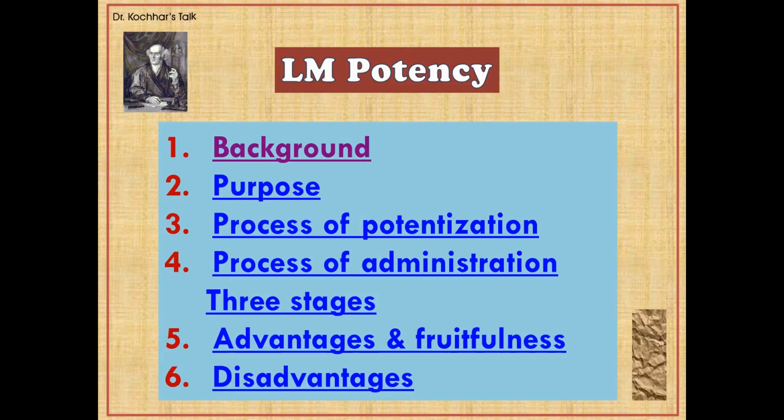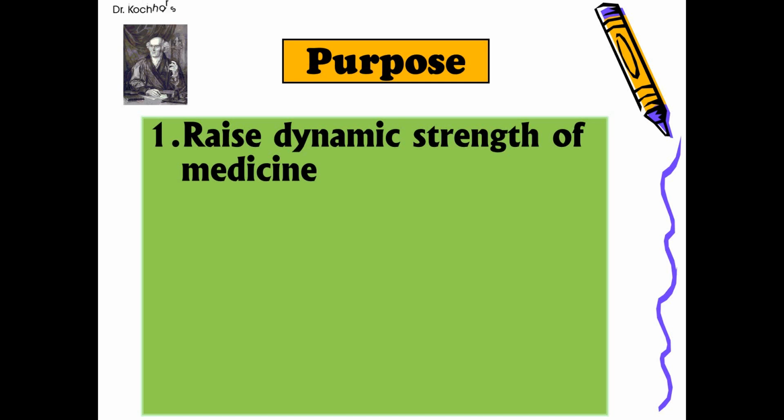Then we go to the purpose. Now purpose, why? Apart from background, what is the purpose? One is to raise the dynamic strength of the medicine. That is, the medicine has got a hidden power, latent energy stored in a crude substance. And what is potency?